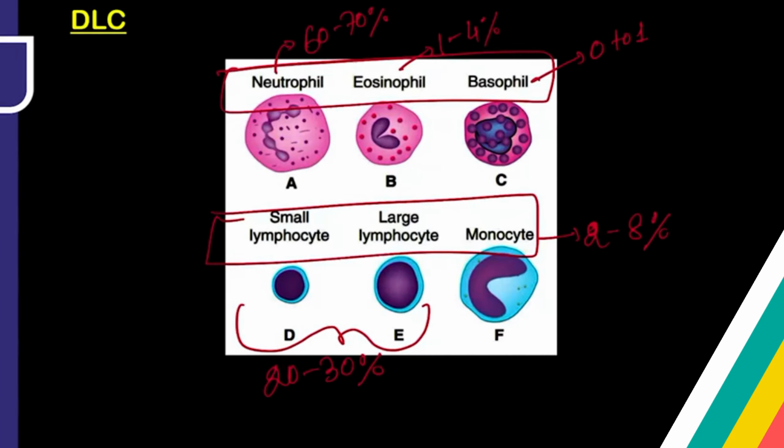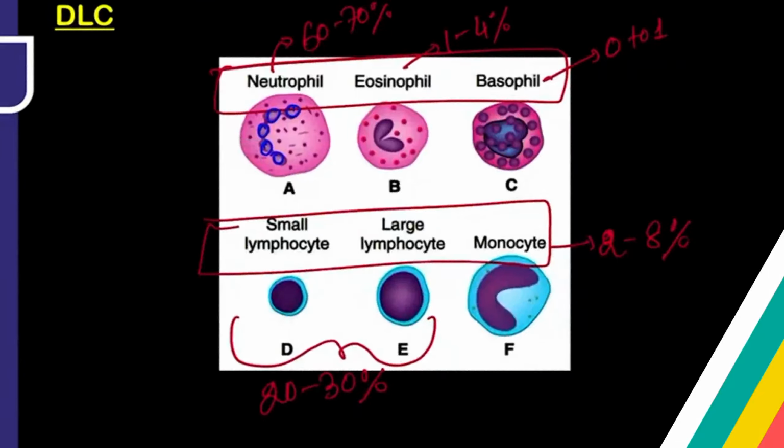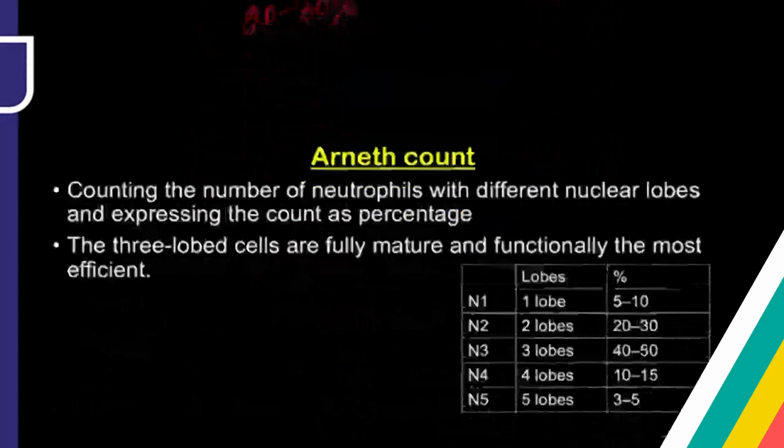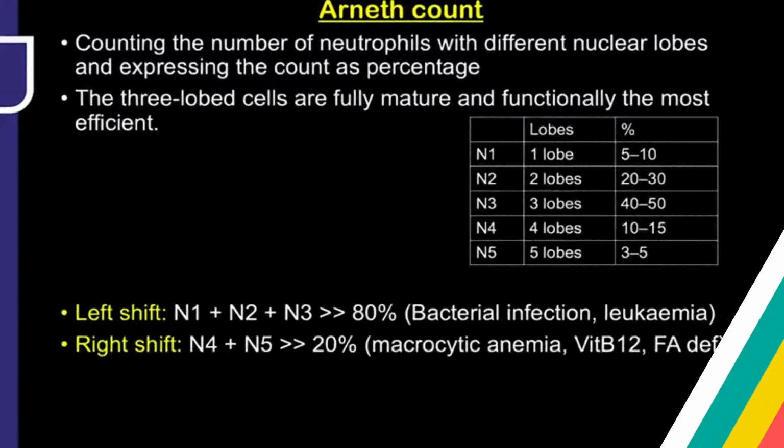Now after that, if you look at the neutrophil, it contains multiple lobes. More the number of lobes, more mature the neutrophil is. More the lobes, more maturity. There is a counting system by which we count the number of lobes in the neutrophil, and that is known as the Arneth count. The Arneth count is counting the number of neutrophils with different nuclear lobes and expressing their count as percentage.